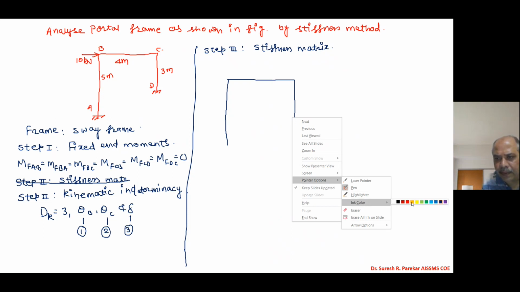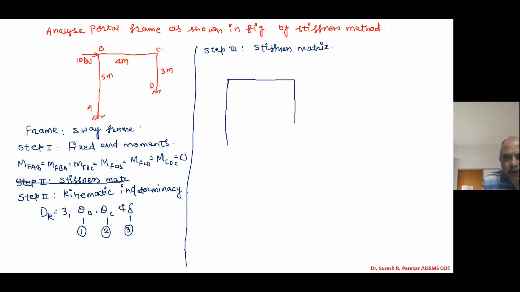While applying theta b equal to 1, we have to go clockwise. Clockwise means we have to go on this side. Keep in mind theta a should be 0. So here we apply theta b equal to 1, and similarly here also.